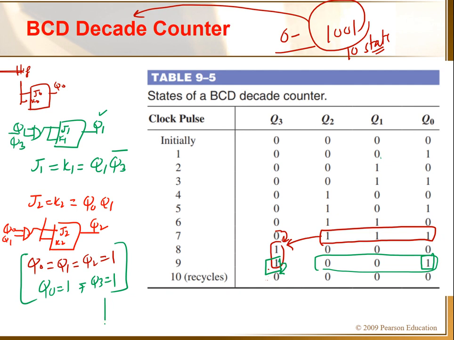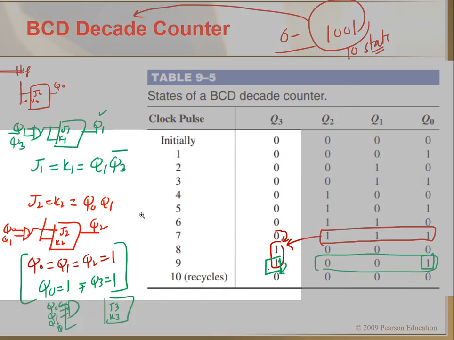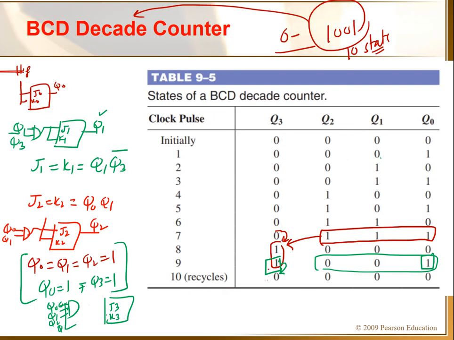So for this case, for J3 and K3, Q0, Q1 and Q2, I will AND them, and then I will AND Q0 and Q3 separately. Both of these ANDs are coming and it is a sum.